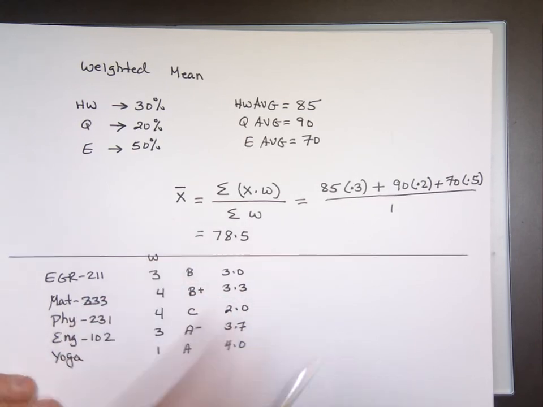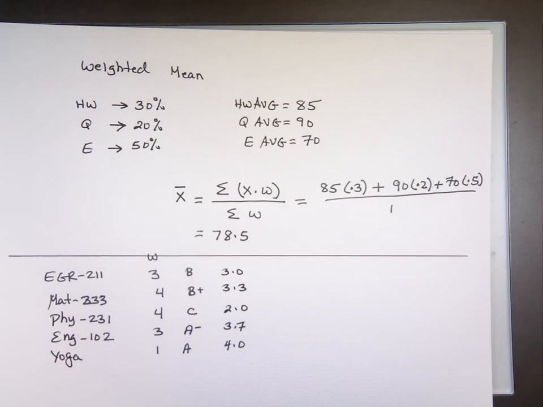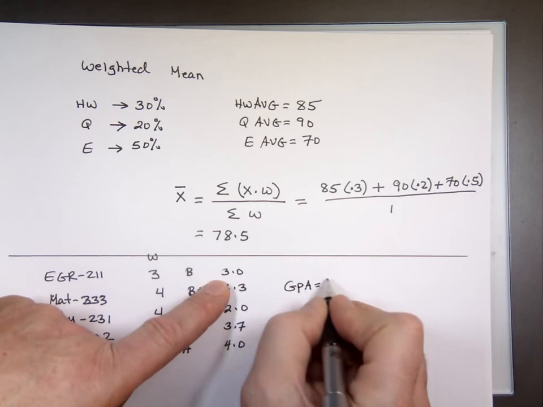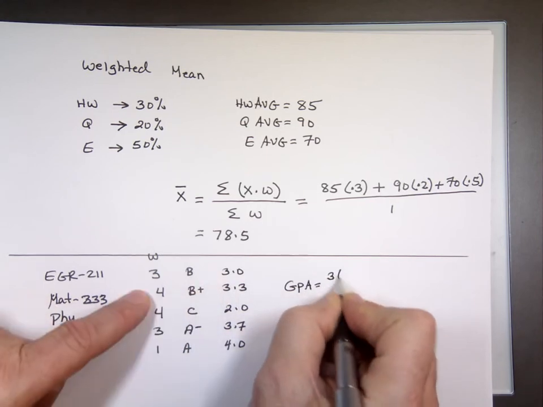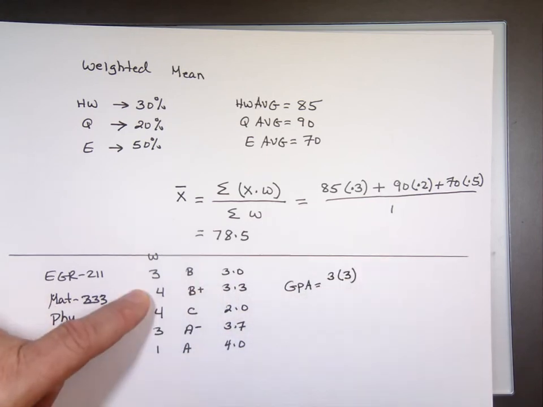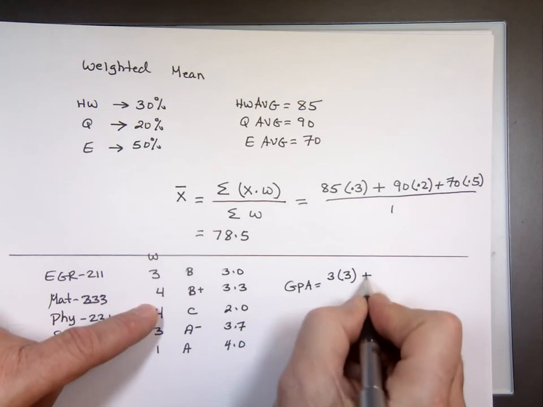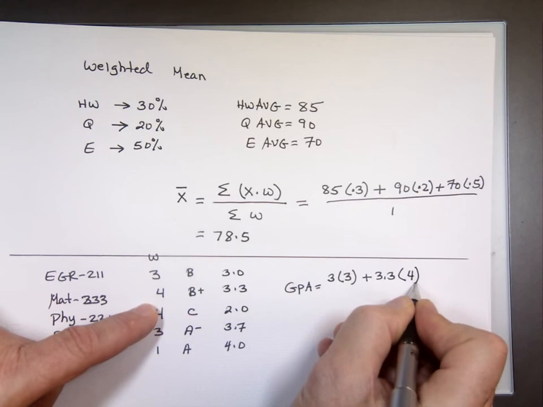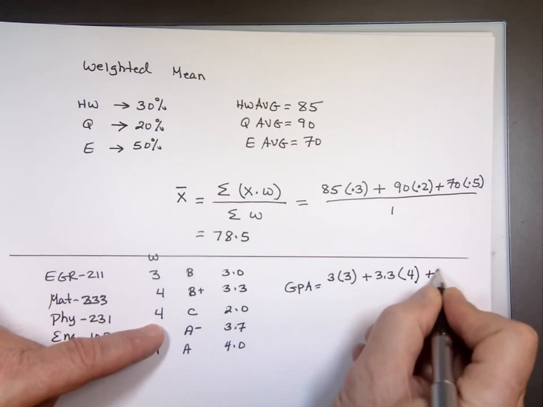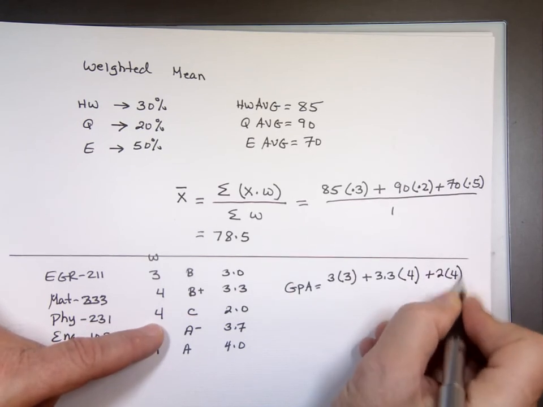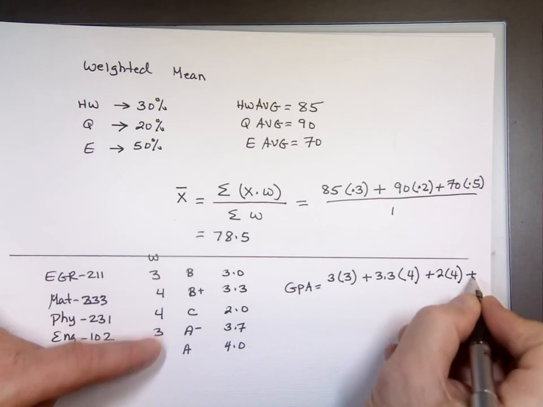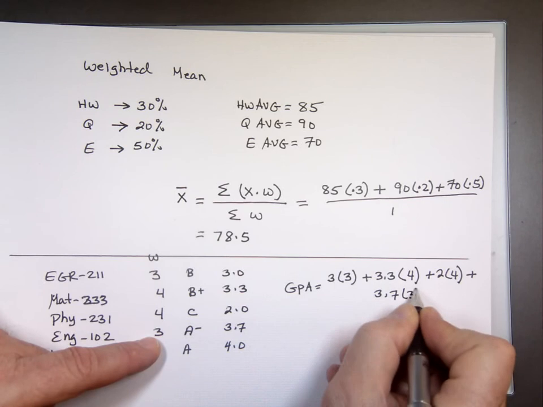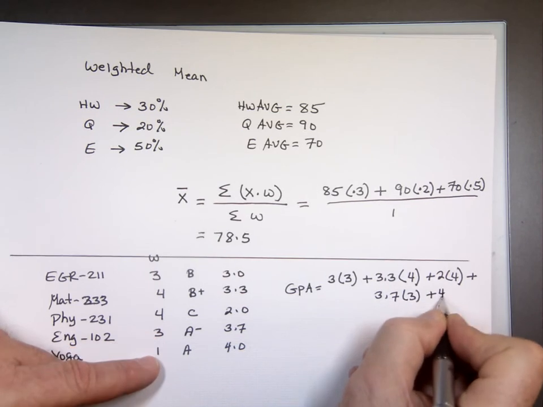So what's your GPA? It's 3 times the weight, which is 3 credits, plus the 3.3 times how many? 4, plus the 2 times 4, plus the 3.7 times 3, plus the 4 times 1.